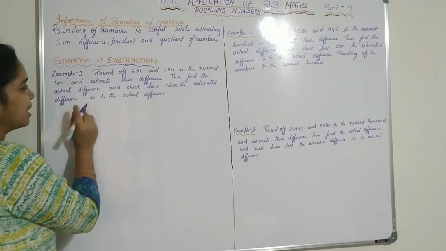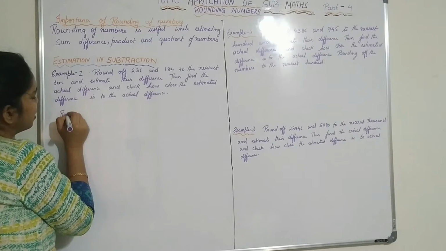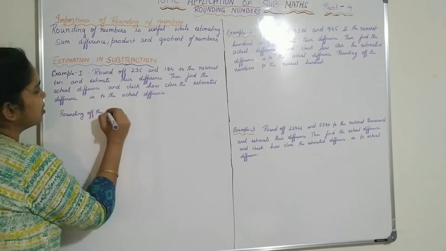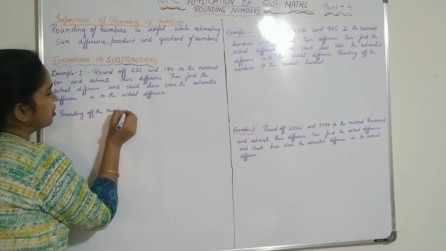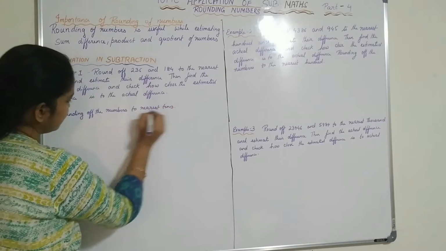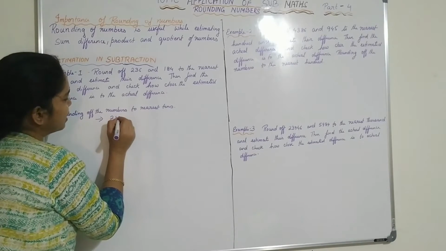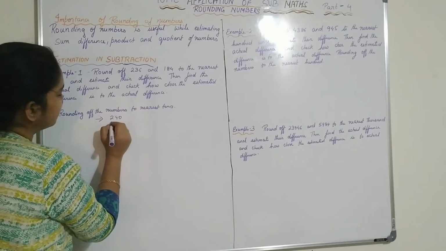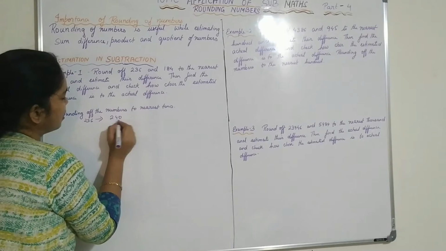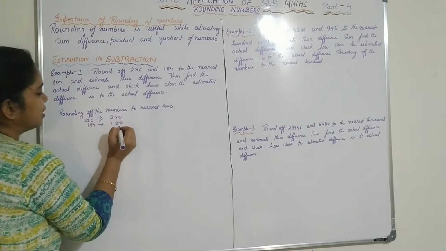First we have to find the estimated number, so first we have to round the numbers to the nearest tens. 236 to the nearest 10 can be rounded off to 240, and 184 can be rounded off to 180.